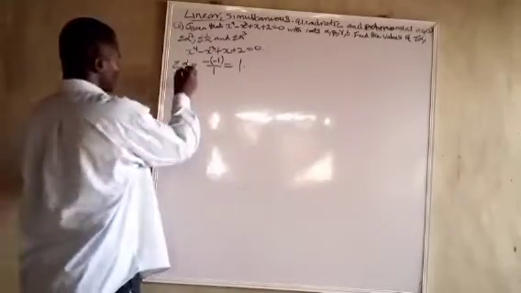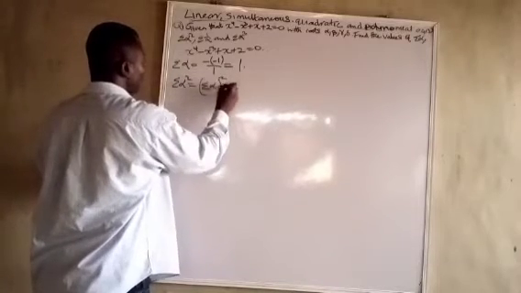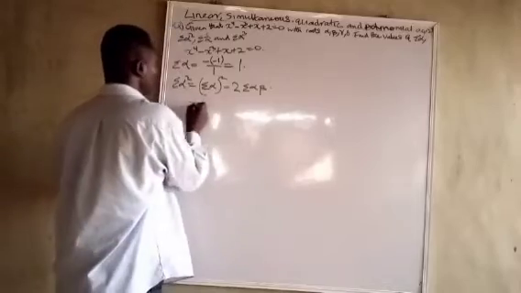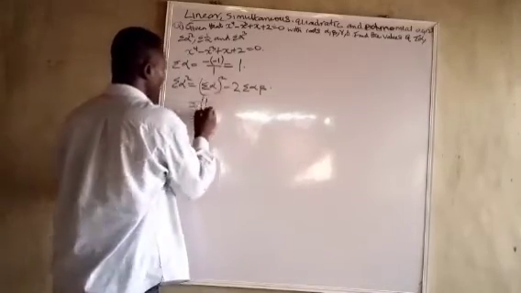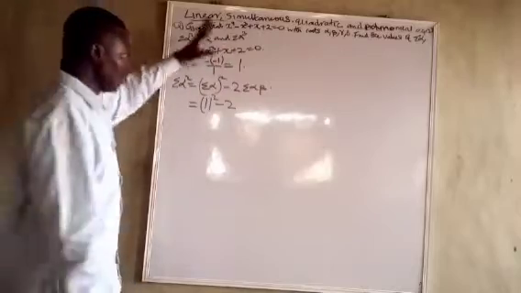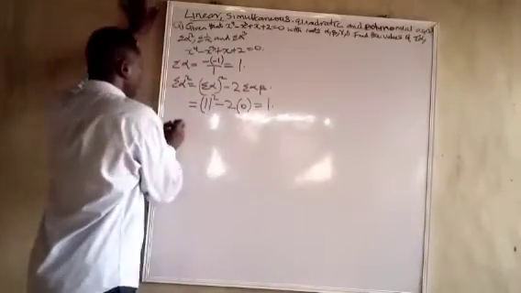Summation alpha squared is equal to summation alpha all squared minus 2 summation alpha beta. And this is going to give us 1 squared minus 2 times summation alpha beta, which is going to be 0, since we don't have any term in x squared. So this is 1 as well.